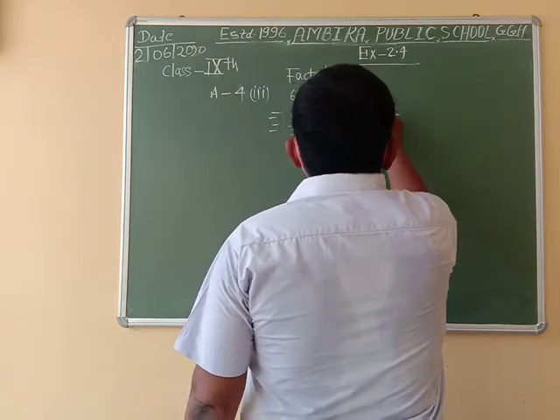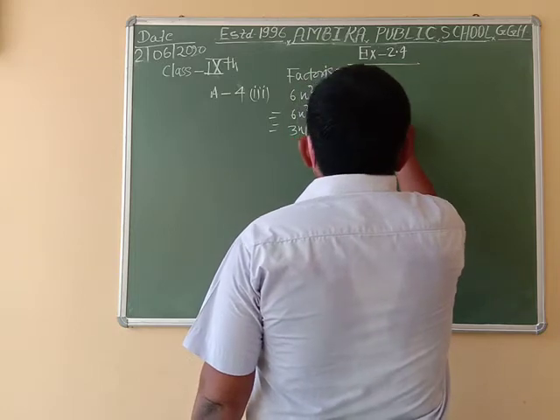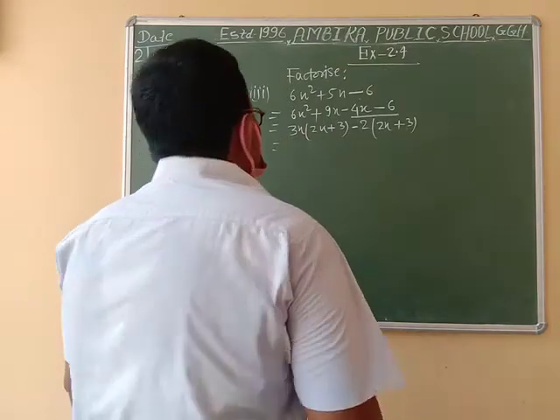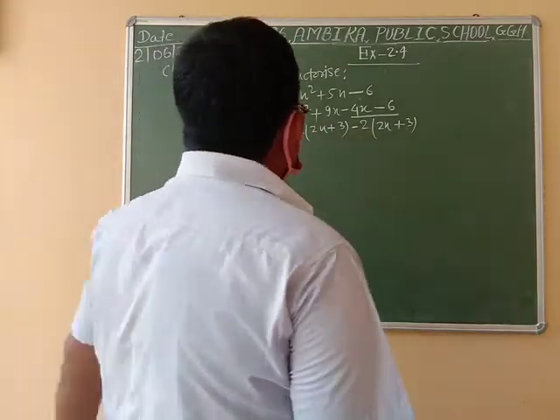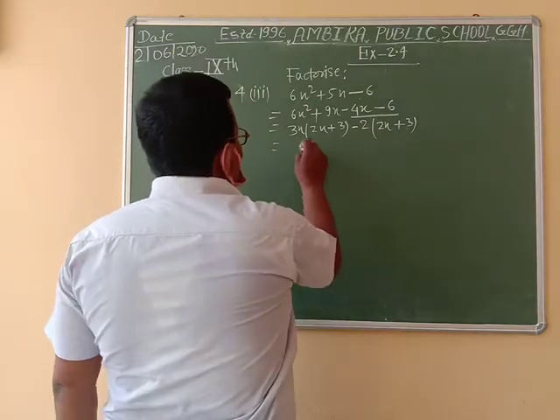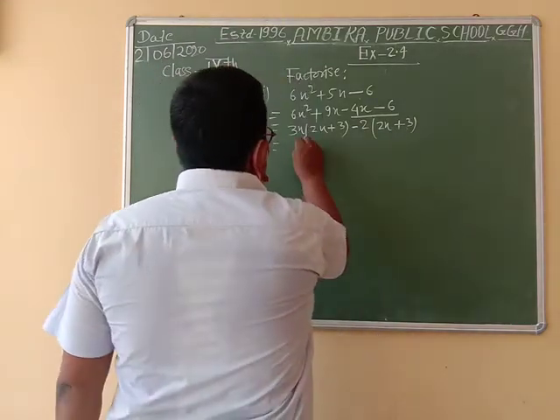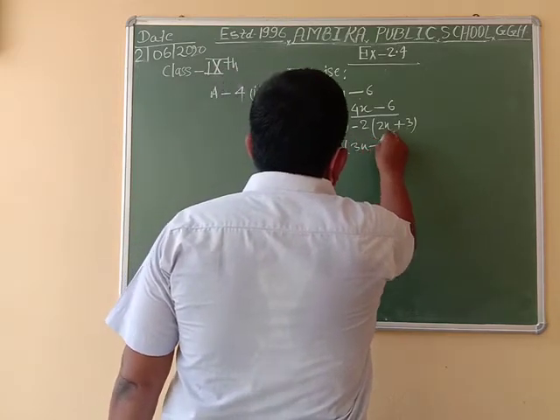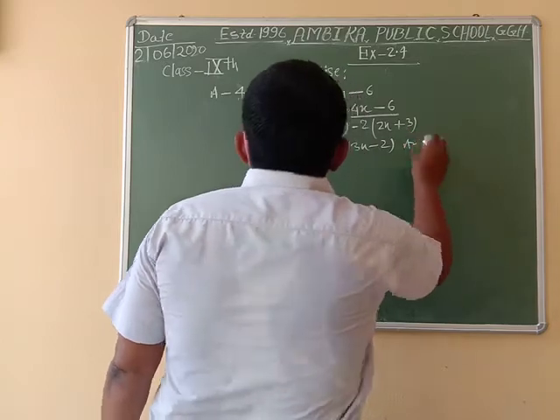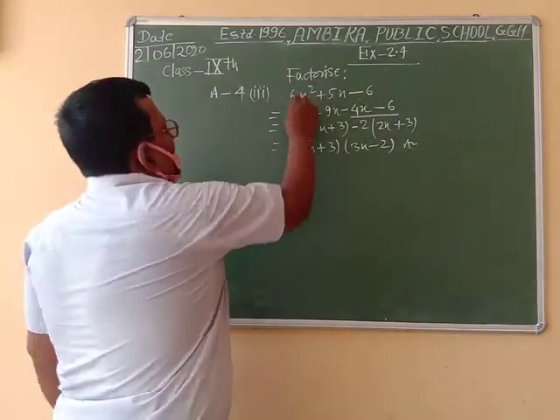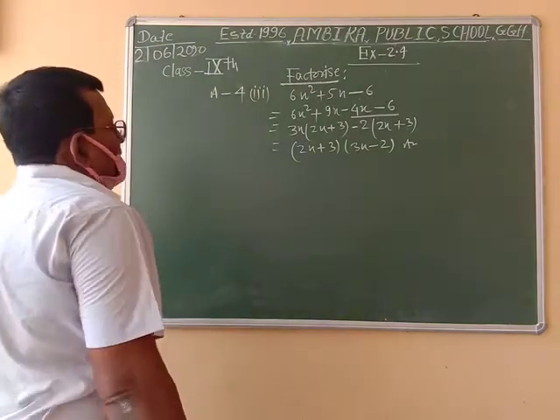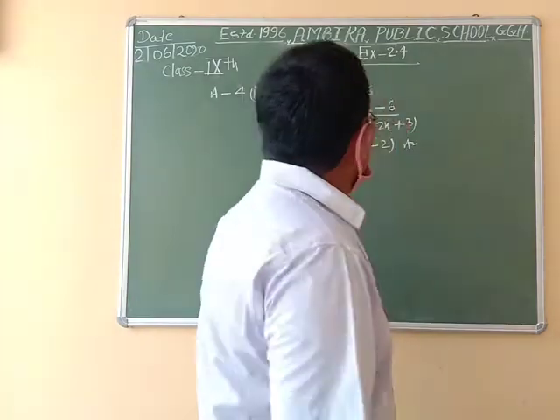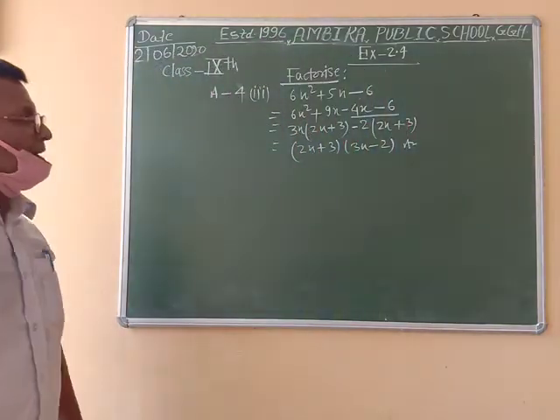Taking 2 common, we write 2x plus 3. Here we see that 2x plus 3 is a common factor in both terms, and the rest is 3x minus 2. So the factorization of 6x square plus 5x minus 6 is equal to 2x plus 3 into 3x minus 2.